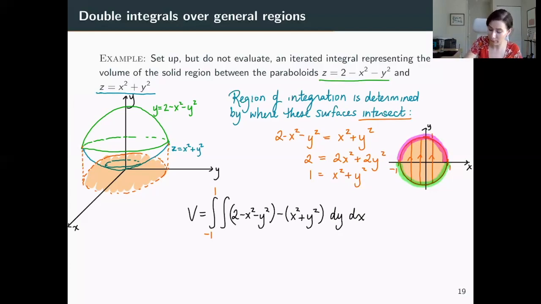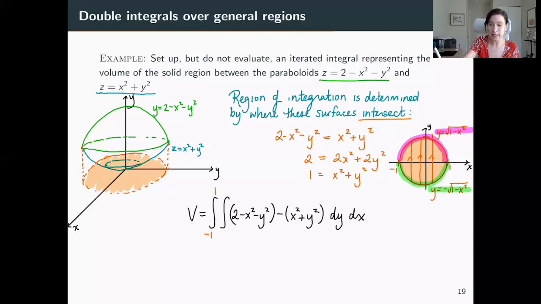The upper half of the circle is given by y equal to the square root of 1 minus x squared, whereas the bottom half of the circle is given by the negative of that square root. So we actually have two functions of x that we need to be aware of in setting up our limits of integration.